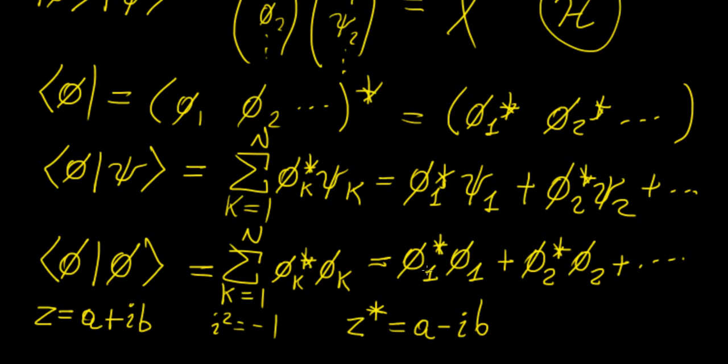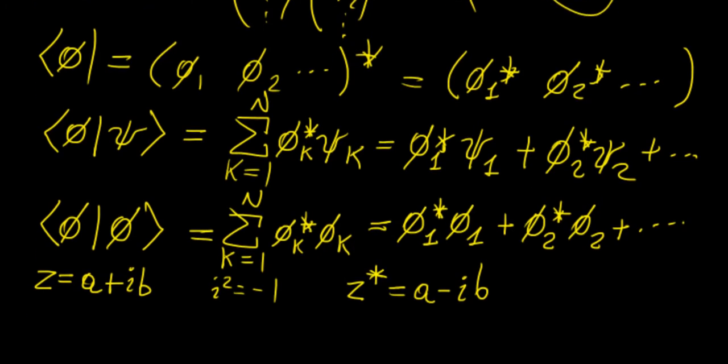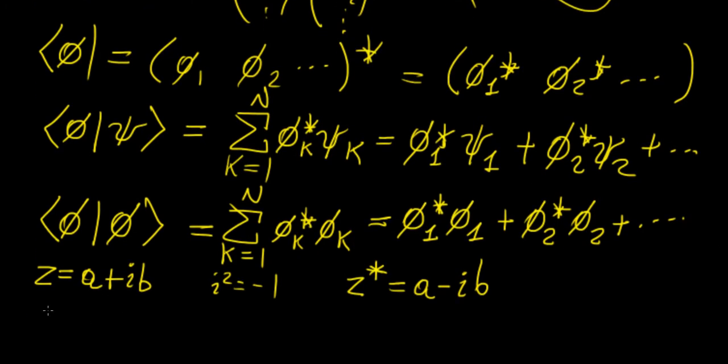And now what happens when I multiply these two quantities together? Well, what happens here is very simple. It doesn't actually matter in which order we multiply this, but it is going to matter when it comes to this. I'll get back to that in a sec. First thing we do, we take the complex conjugate times that. So we're going to have a minus ib times a plus ib.